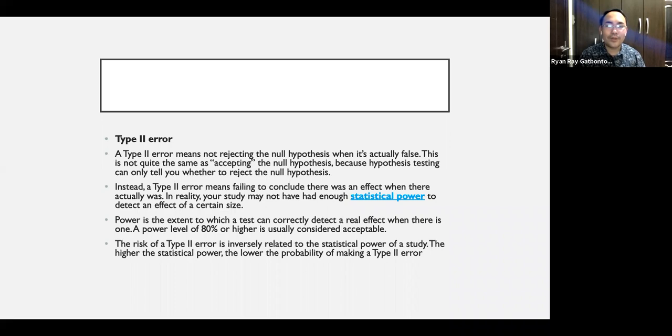Now, on the other hand, a type 2 error means that you accept the null hypothesis when it's actually false. So this is not quite the same as the first case.